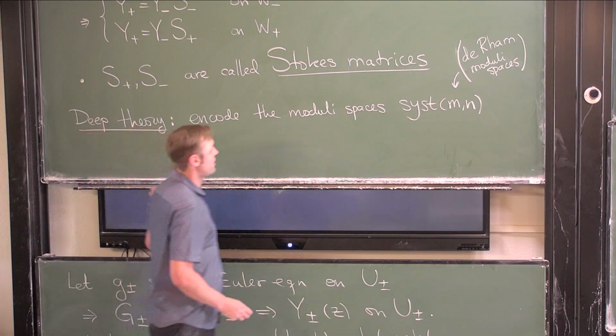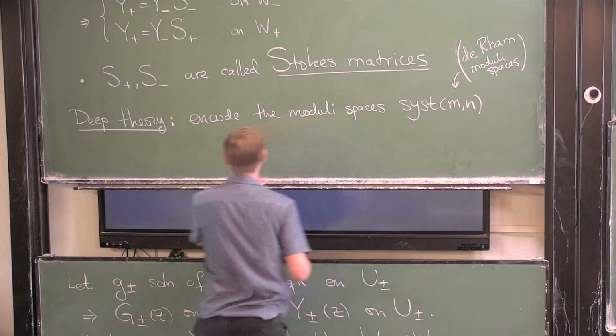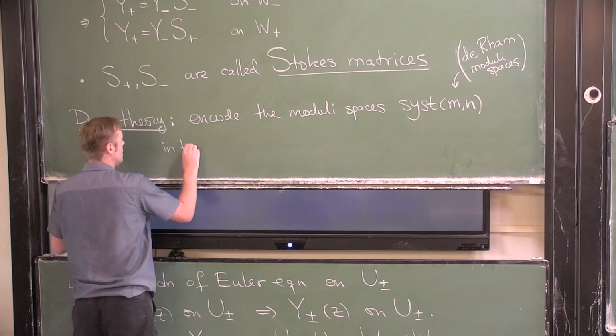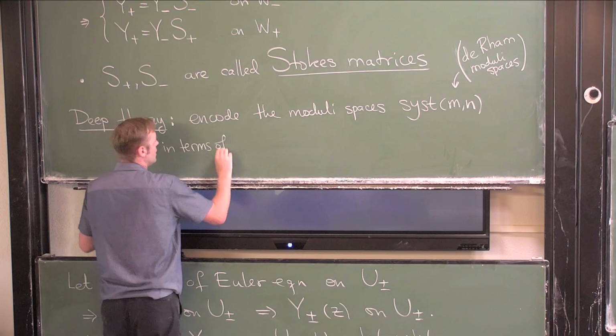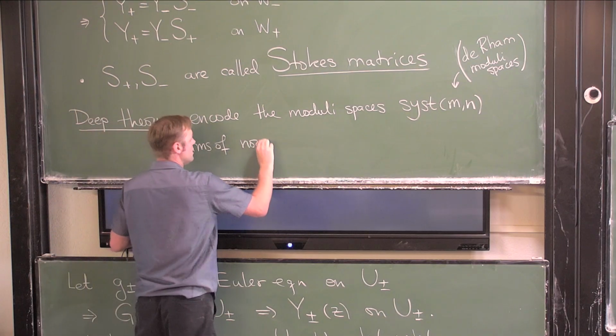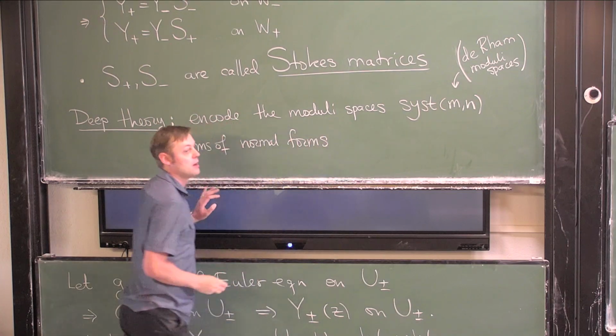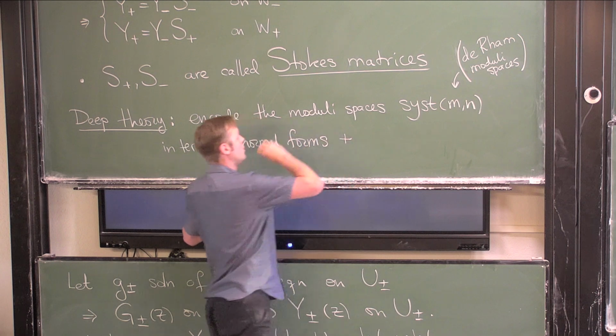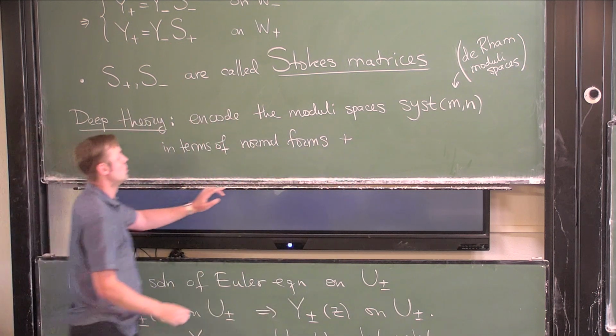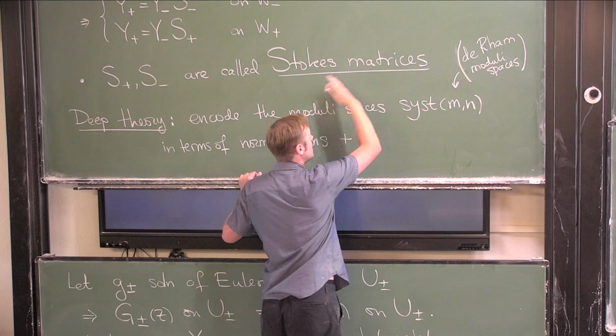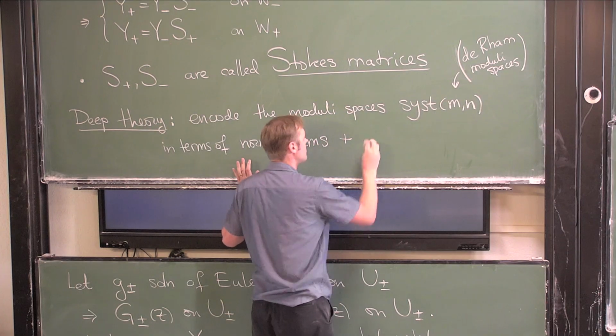The theory is to encode these moduli spaces in terms of normal forms, like what we've been doing, with the addition of what is called Stokes data, which is just collections of Stokes matrices appropriately assigned.